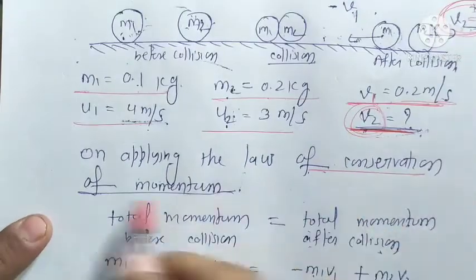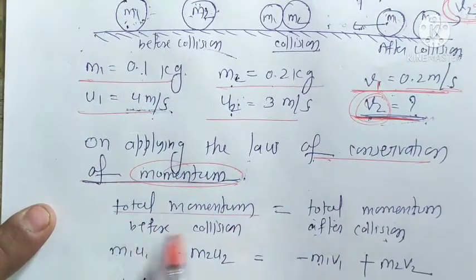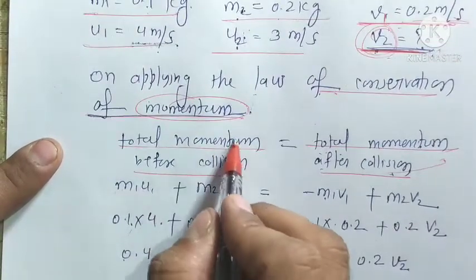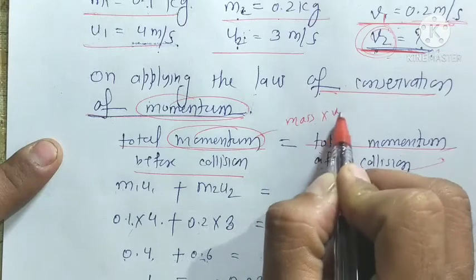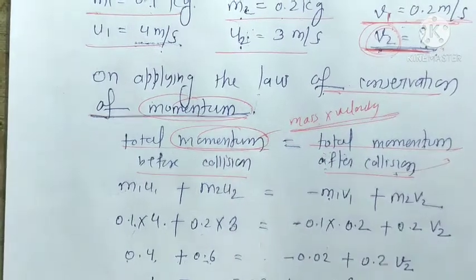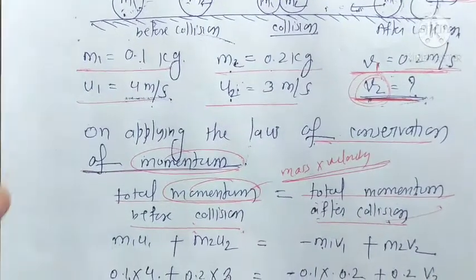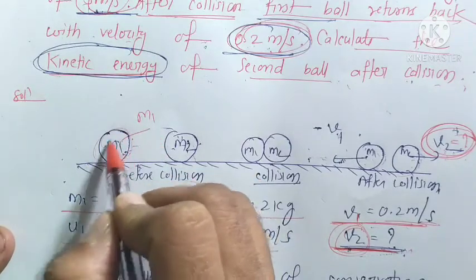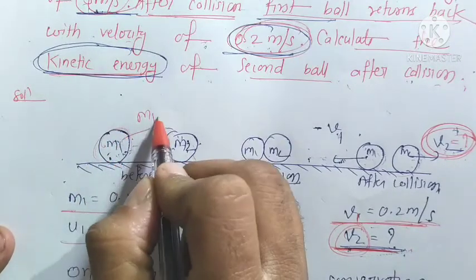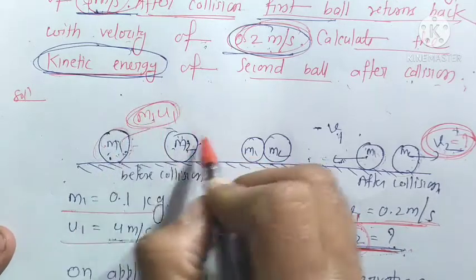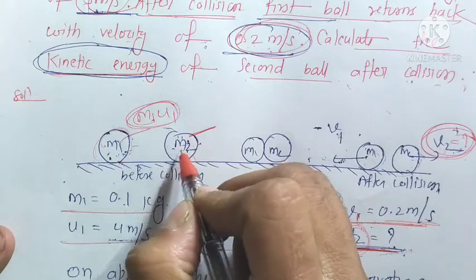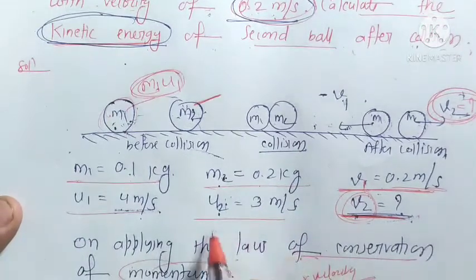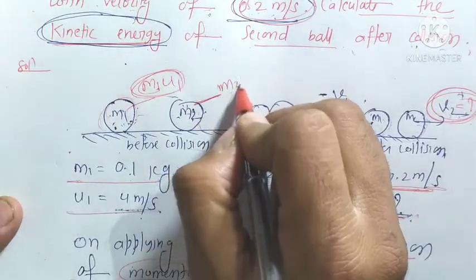So now applying the law of conservation of momentum, total momentum before collision must be equal to total momentum after collision. We already know that, we use the formula. What is the momentum? Mass into velocity. So total momentum before collision: the first body has mass m1 and moves with initial velocity u1, and the second body has mass m2 and moves with velocity u2, so its momentum is m2 u2.